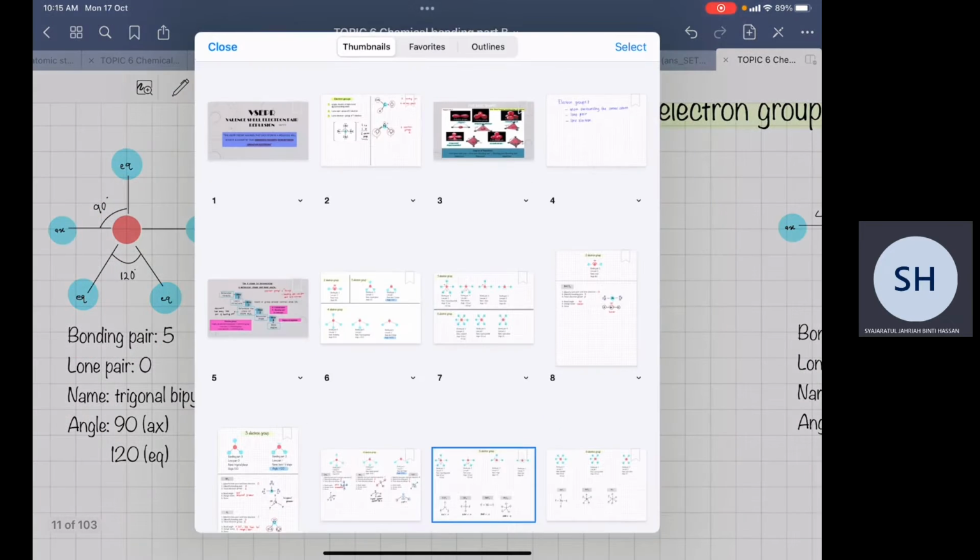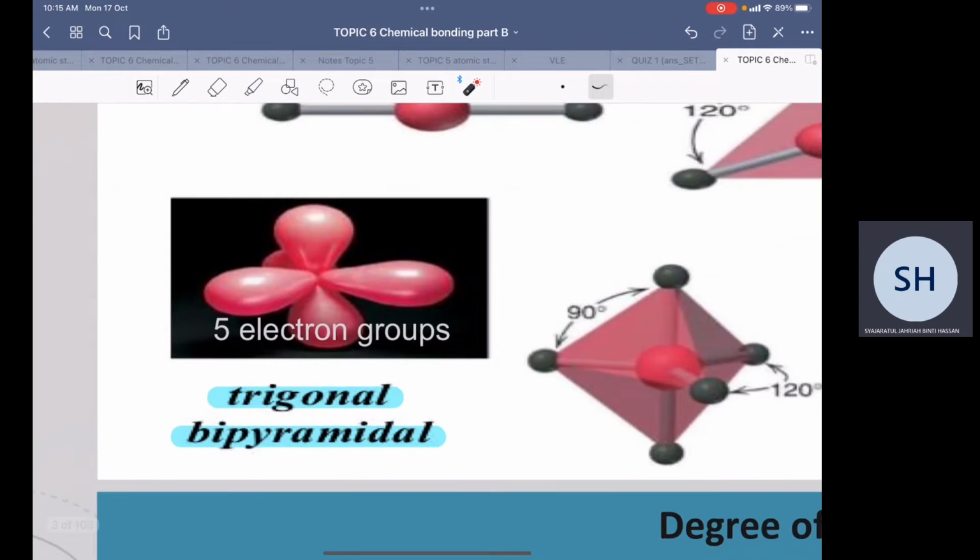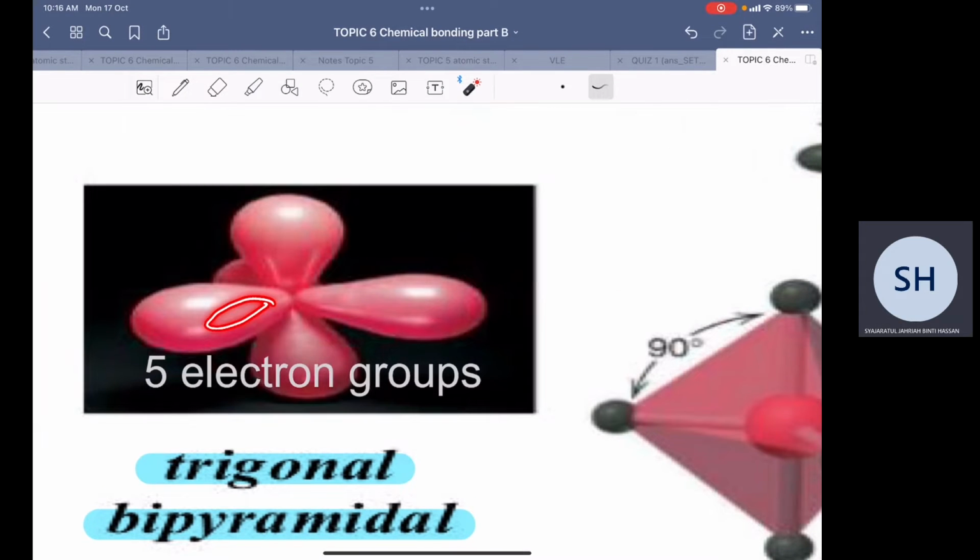Kalau kita tengok balik shape yang asal ni, this is your equatorial, 120 degree away. And then kita ada yang kat sini nama dia axial. That's why kita kata bentuk dia macam piramid tapak segitiga, atas dan bawah, therefore dia bipyramid.